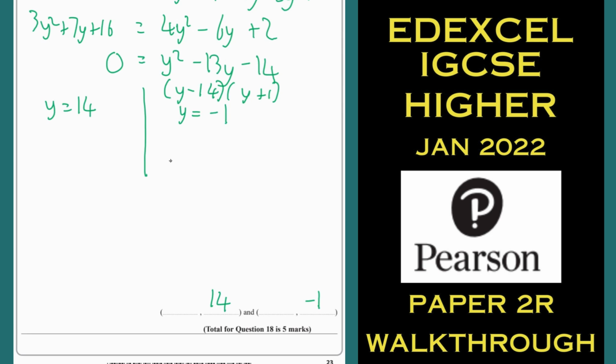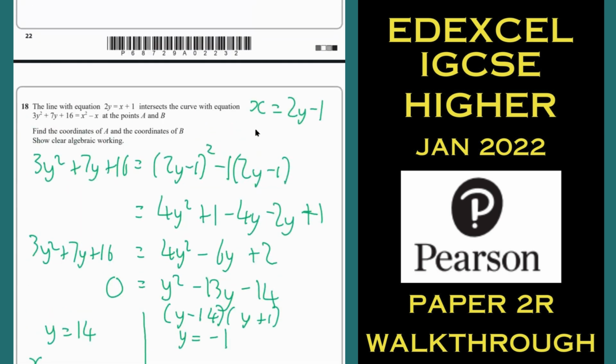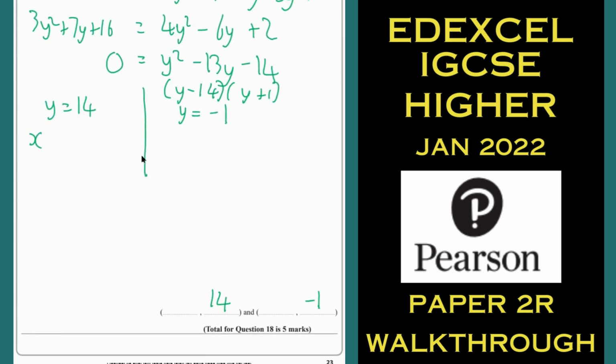We just need our x's. And I'll just scroll up to have a peek to remind ourselves x equals the y ordinate doubled and then subtract 1. Double 14 is 28. We subtract 1. Double negative 1 is negative 2. And we subtract 1. We're done.